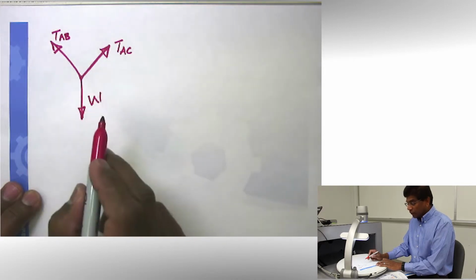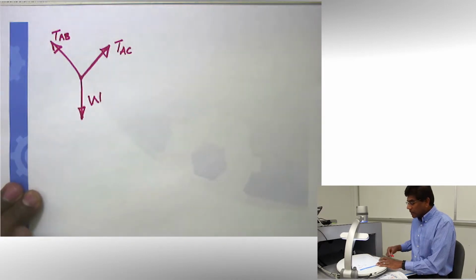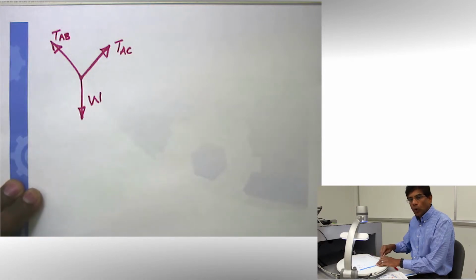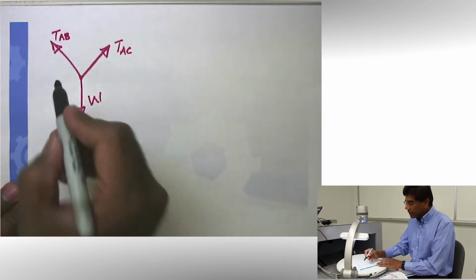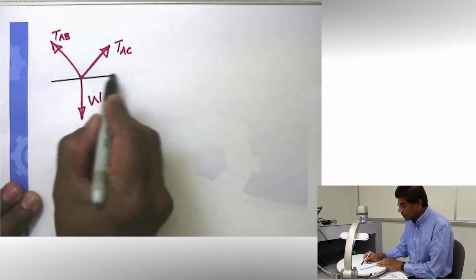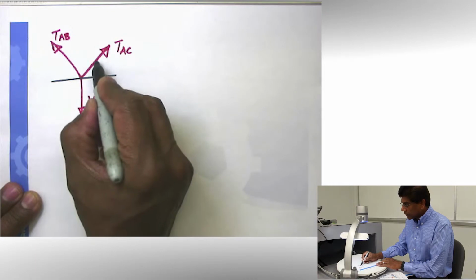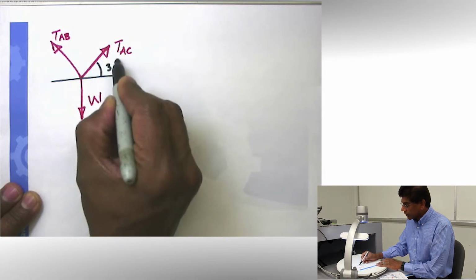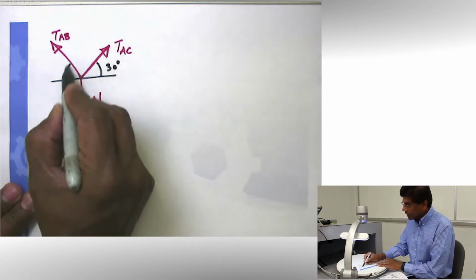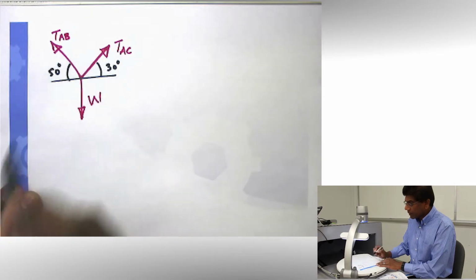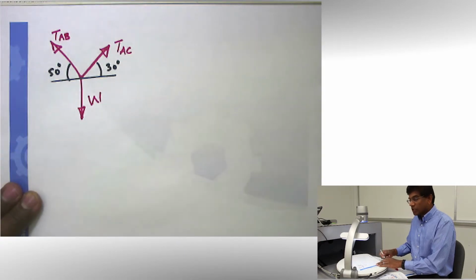So after showing all the forces, next step is I want to identify all important critical information necessary for writing the equation. In this case, the information that is necessary is this angle, which is 30 degrees. We also need this angle, which is 50 degrees. So I have shown all essential information.